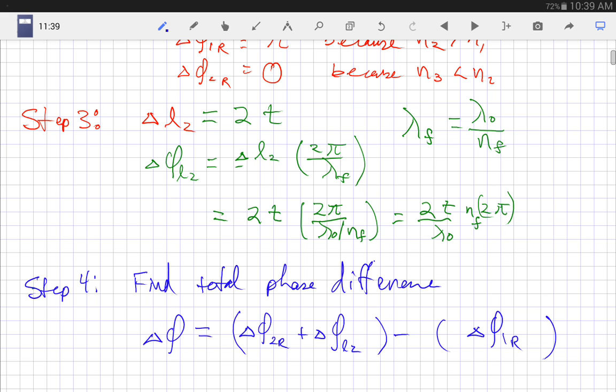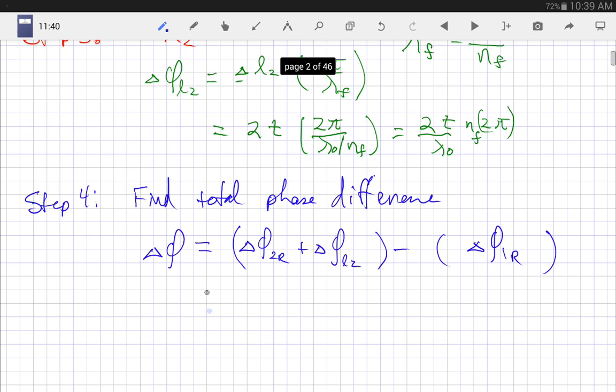I'll just put in the equations we've already worked out. That's equal to 0 plus 2 times the thickness times n of the film times 2 pi over wavelength in air minus pi. So that's our total phase difference.